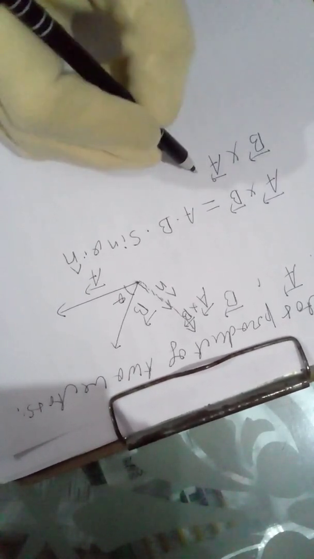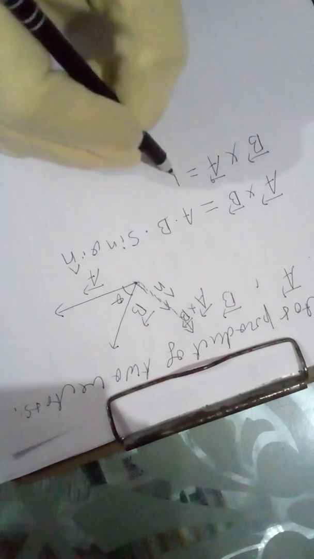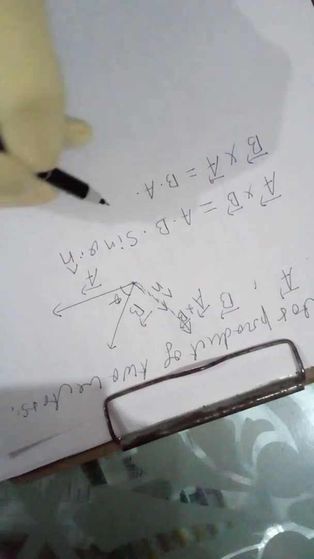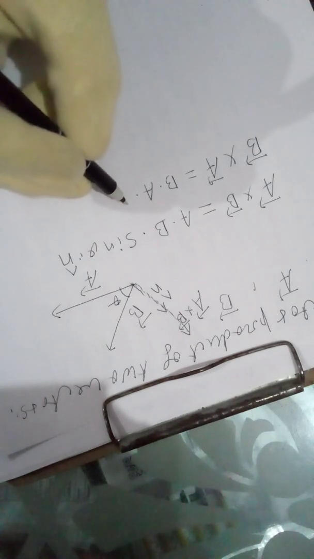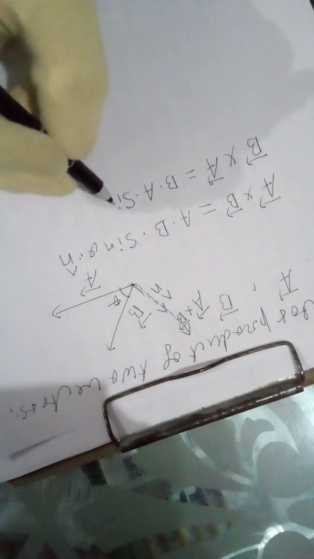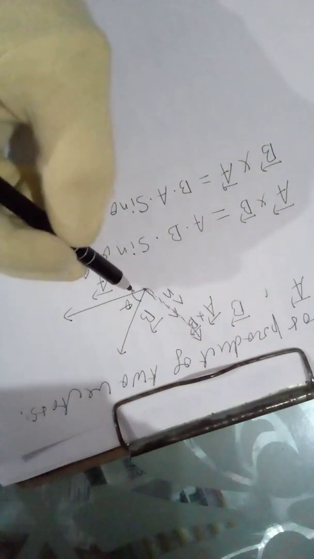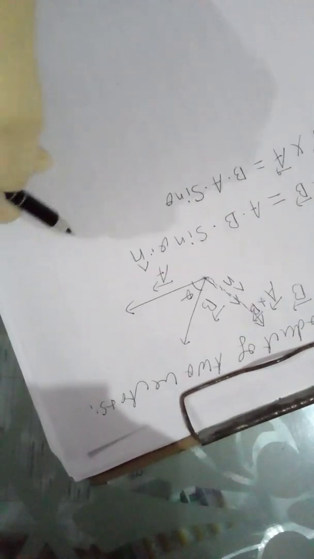Now we find B cross A. So B cross A will be equal to the magnitude of vector B into the magnitude of vector A into the sine of the angle between them. The angle between vector B and A is 360 minus theta, since the angle between vector A and vector B is theta.